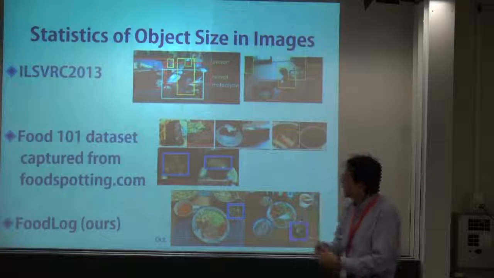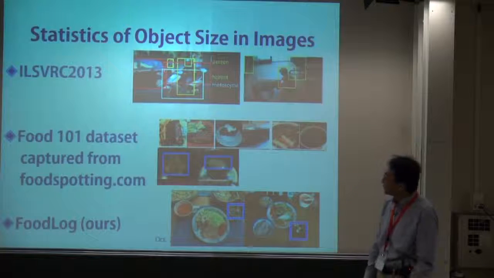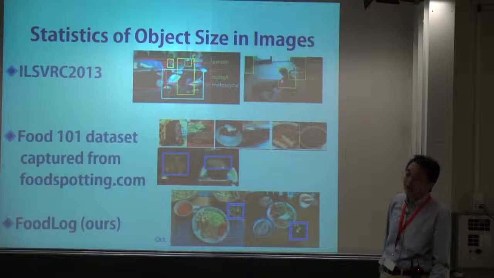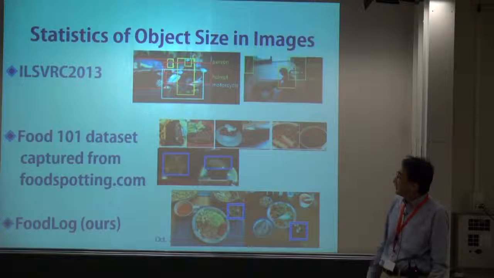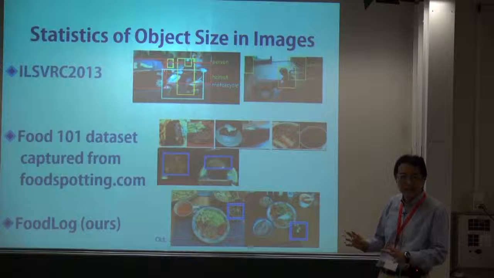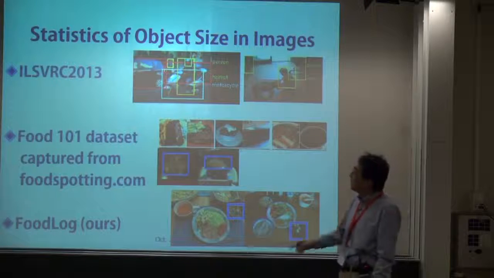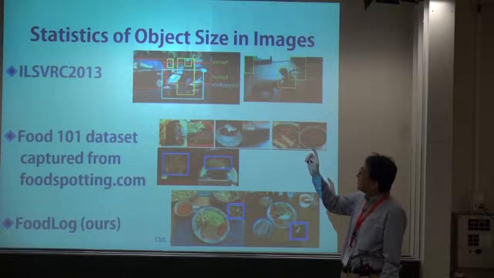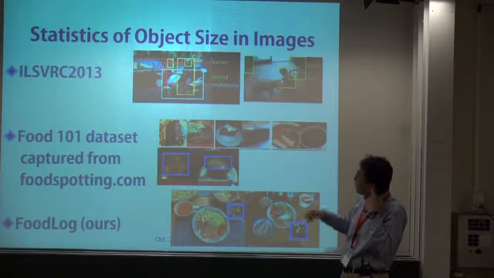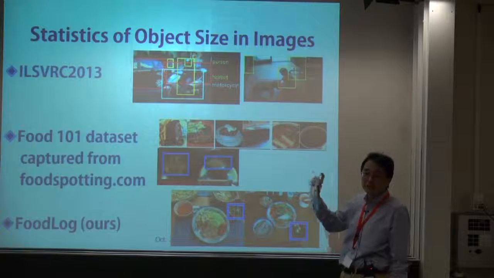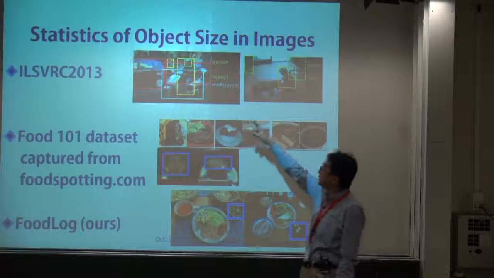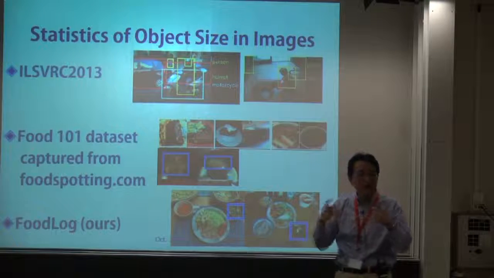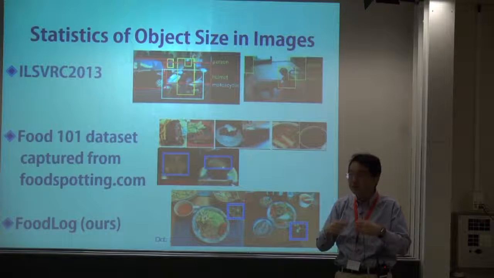And finally, I want to tell you one more thing that we found in the data. This is a little more general. We investigated the object's size, which is determined by the bounding box surrounding the object.